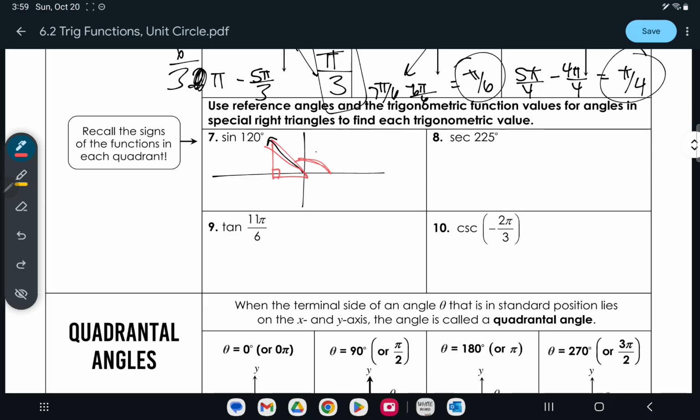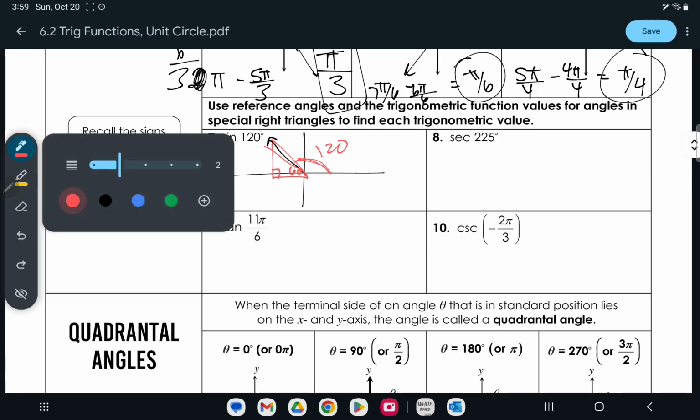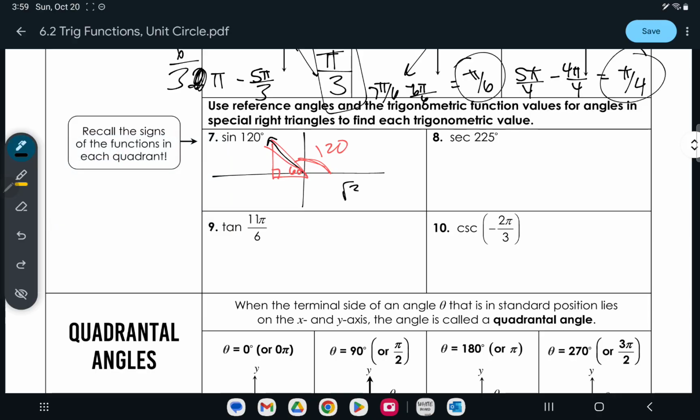So this outer piece is the 120. So what's the reference here? 60. So sine of 60. Yeah, as we just did on the other side. Root 3 over 2. Right?